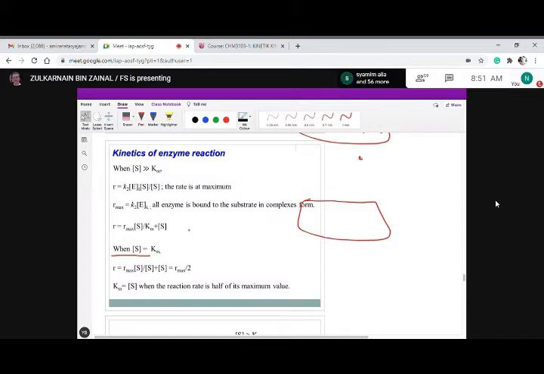If you know the concentration of the enzyme that you use, you can already predict what will be the maximum rate of the reaction. Or if you can determine the maximum rate of the reaction, then you should be able to determine the value of K2, which is the second reaction to form the product.